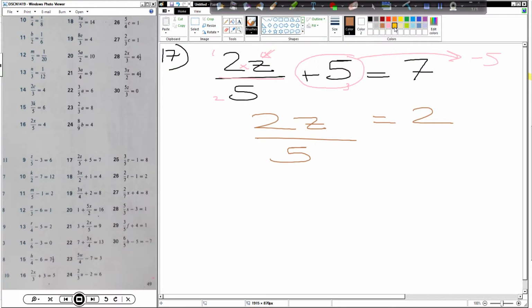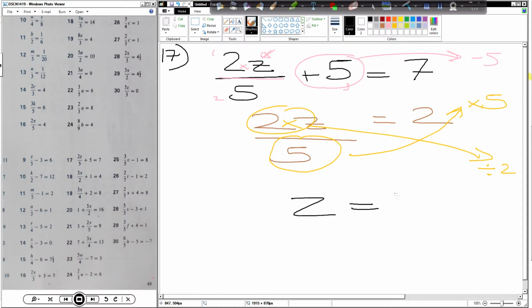Now, we can do what we did earlier. We can cross multiply the opposite. The divide by 5 goes up, and the times by 2 goes down. So opposite of divide by 5 is times by 5, opposite of times by 2 is divide by 2. So now if you copy it all out, z is equal to 2 times by 5 divided by 2.